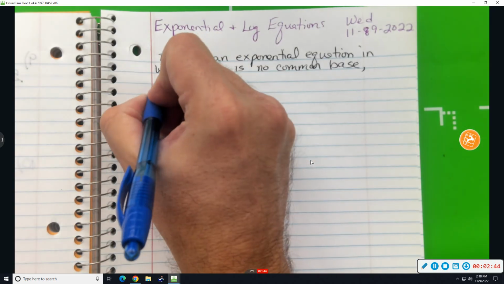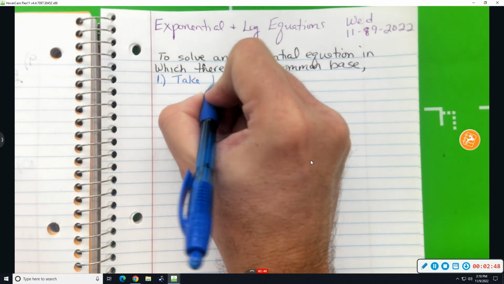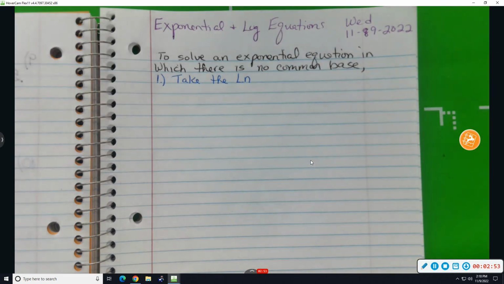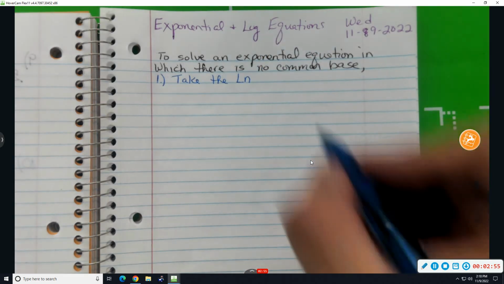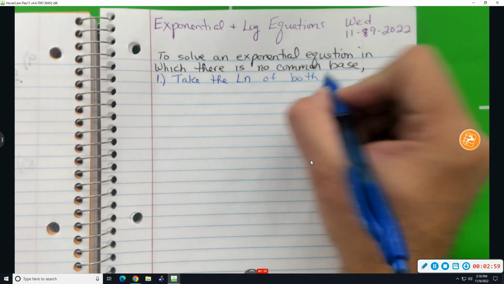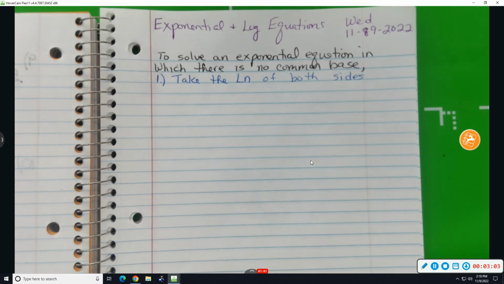Step 1. Take the natural logarithm. That's the thing that's denoted with an ln. Take the natural logarithm of both sides. That sounds very involved, but in reality, all you're going to do is stick an ln in front of each side.